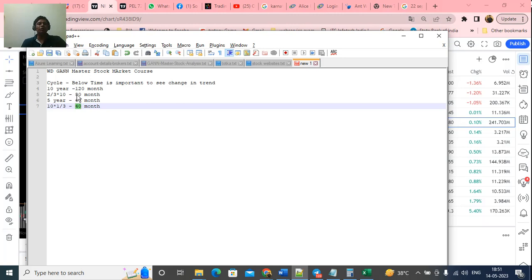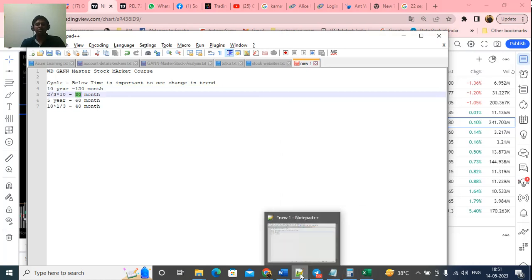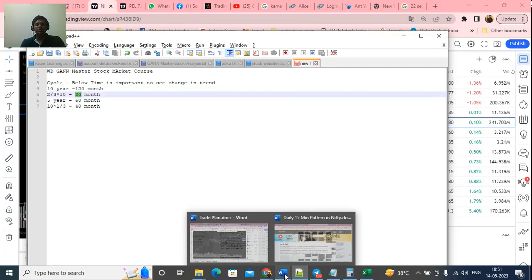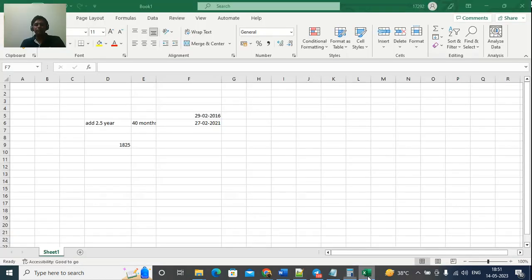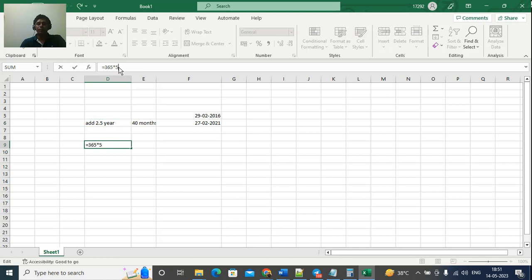So you can also check this 7.5 year, 80 months, 120 months as well. Okay. And you can see what change is happening there. Let's calculate this one as well. 80 months is nothing but we have to calculate 365 multiplied by 7.5.